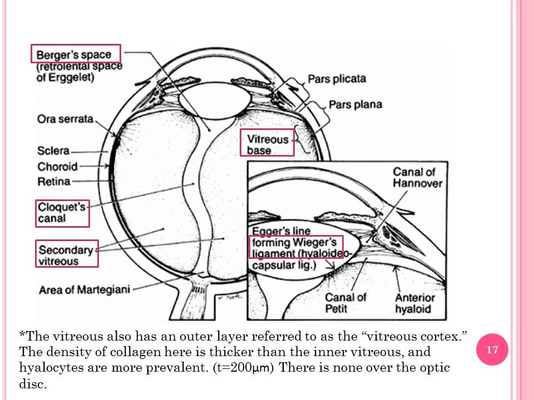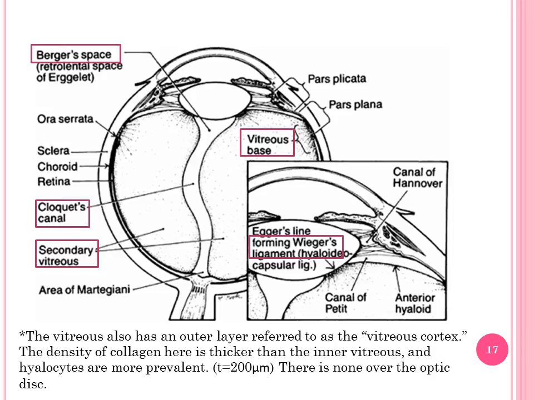We have the secondary vitreous, the tertiary vitreous, which is our zonular fibers. I want to make a point here about the vitreous space. We're going to talk about where the vitreous is tightly adhered, or how it is attached.